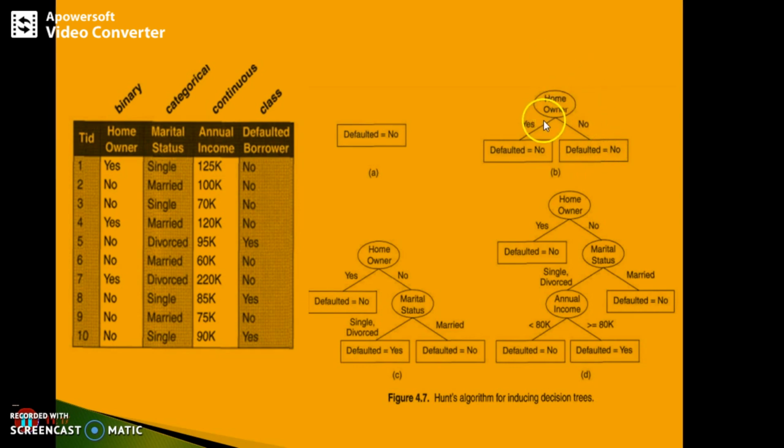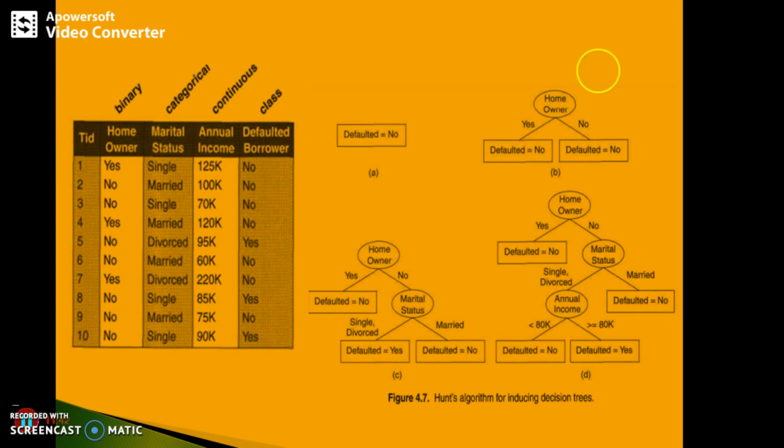Okay. So here, is this clear? When homeowner is equal to yes, this is the pure classification. But when it comes to the right subtree, we have seen the majority, but this still contains some records where homeowner is equal to no and it belongs to default borrower is equal to yes. That means this is not a pure classification, this is an impure classification, and this right subtree has to be further subdivided.